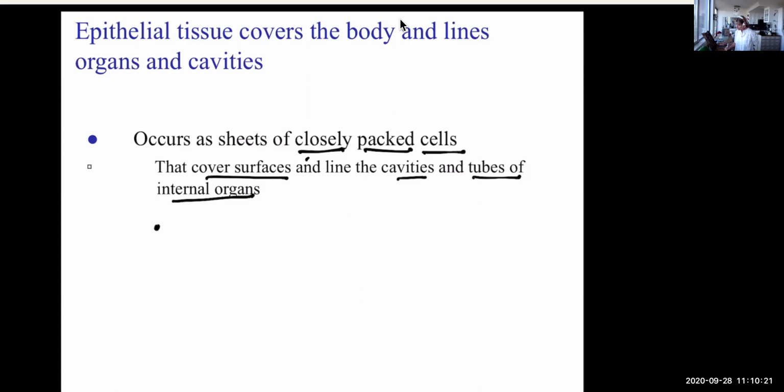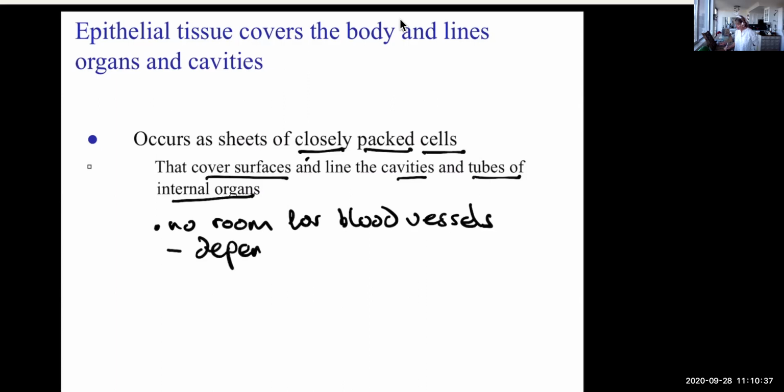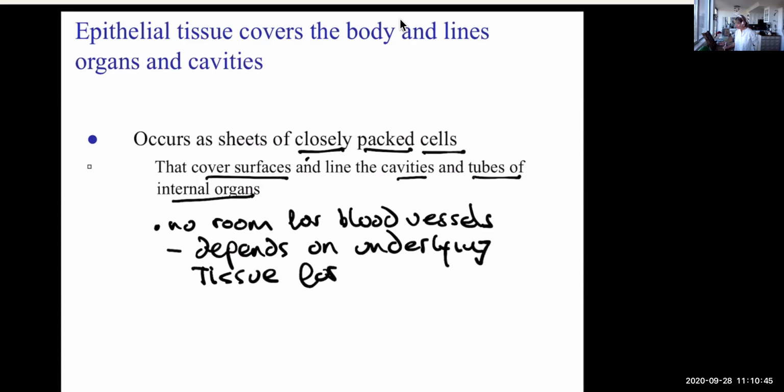So I just wanted to make some notes. We said this before, I'll just say it again. There's no room for blood vessels in epithelial tissue. They're too tightly packed together. So how does it get oxygen? It depends on underlying tissue for oxygen, for example.